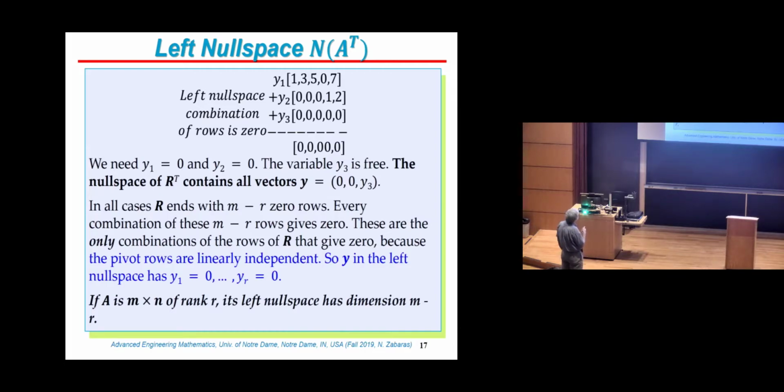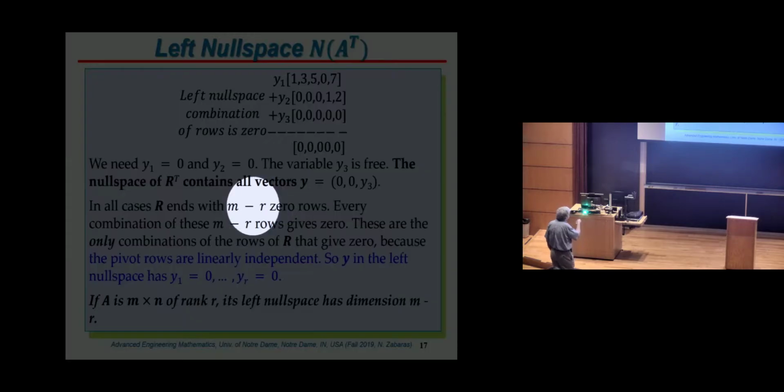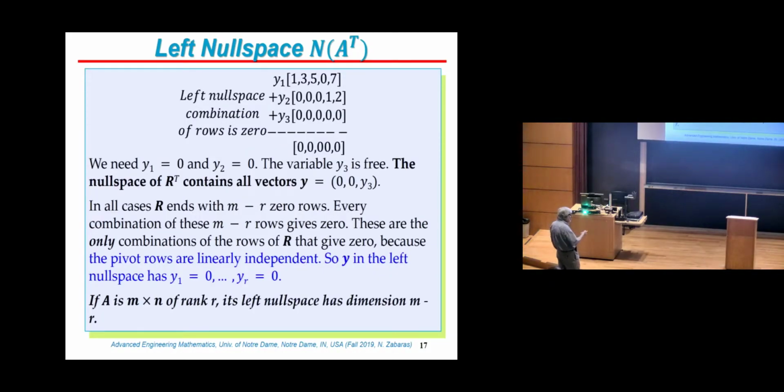So effectively, the idea here is these y's from 1 to r have to be equal to 0, because they correspond to independent rows. And then everything from r plus 1 to m is free, because that's how many 0 rows I have when I do the elimination.